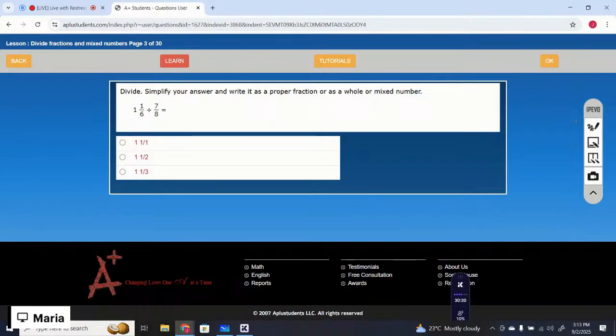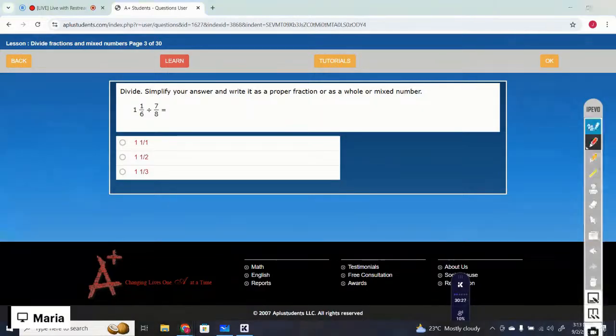Next, 1 whole 1 by 6 divided by 7 over 8. Convert it into improper fractions. 6 times 1 is 6 and 1, 7 over 6 divided by 7 over 8.